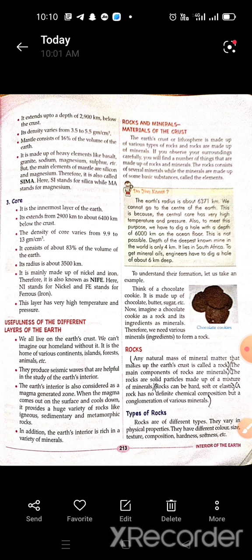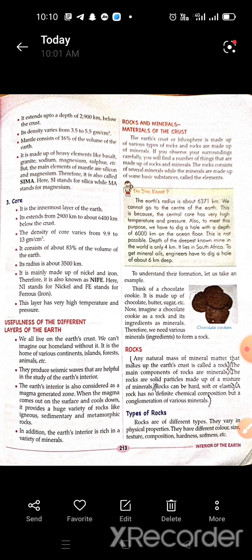When the magma comes out on the surface and cools down, it provides a huge variety of rocks like igneous, sedimentary, and metamorphic rocks. So all kinds of rocks we are getting only because of these molten magmas inside the earth, which are hot liquid fire.